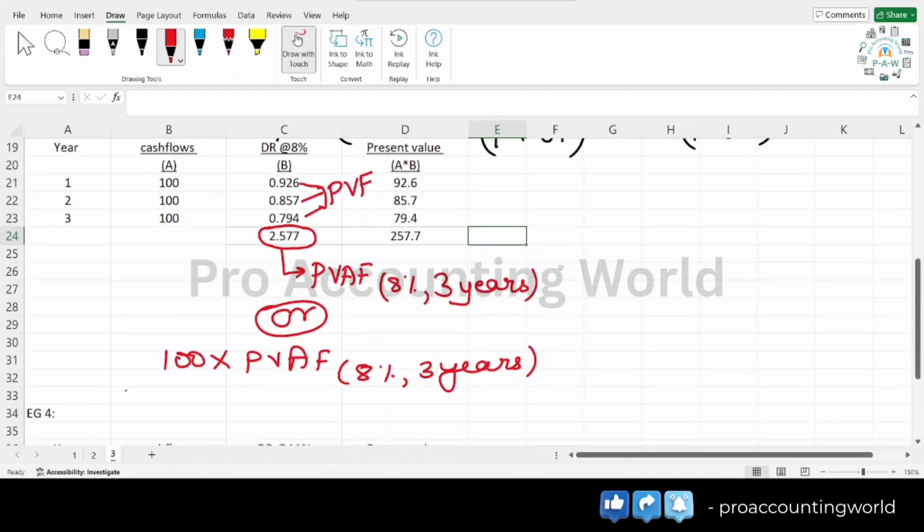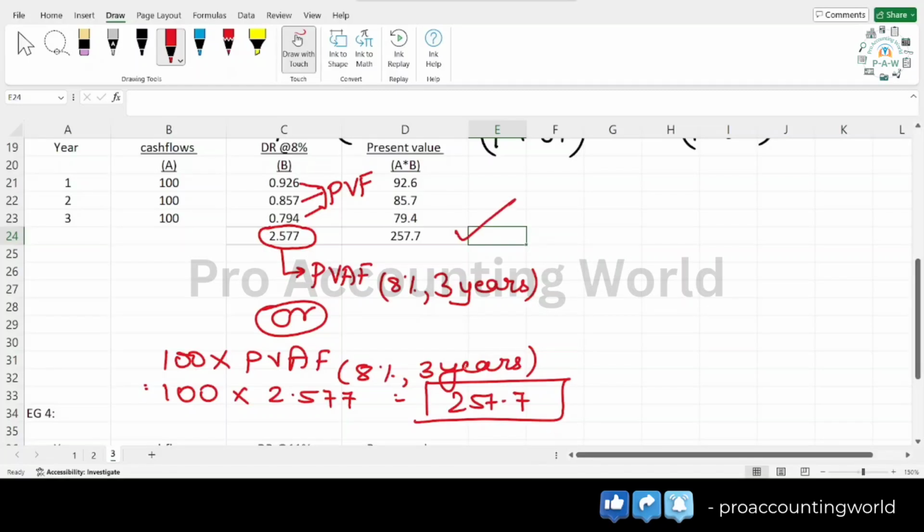So it is 100 into 2.577. If you multiply, you get 257.7. Can you see? Individually, when you calculated, it is 257.7. When you are using the PVAF concept, again it is 257.7.